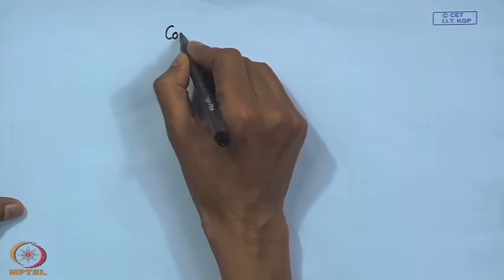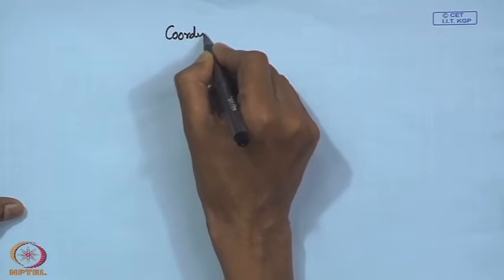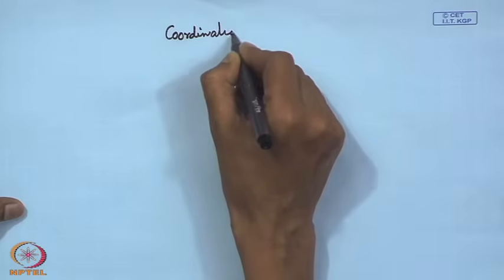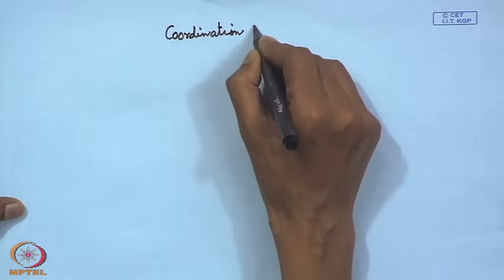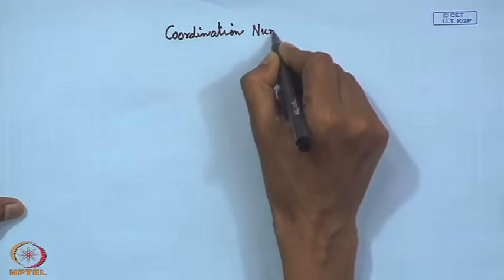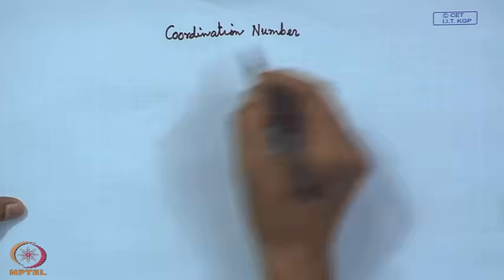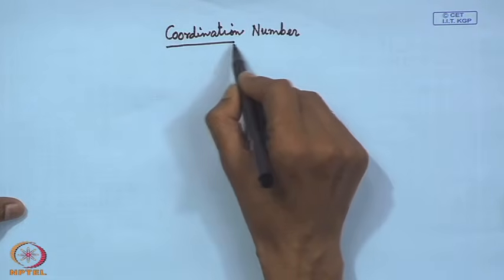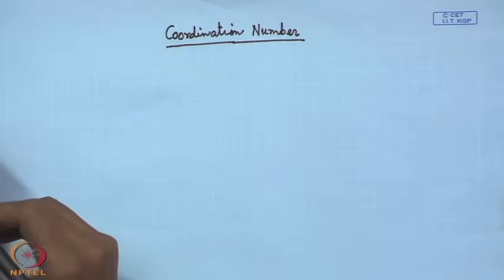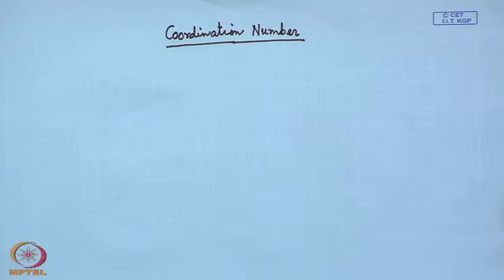Good evening to everybody. So, today we will see how we can define the coordination number of any metal complex, which is a more general term related to some other species as well.